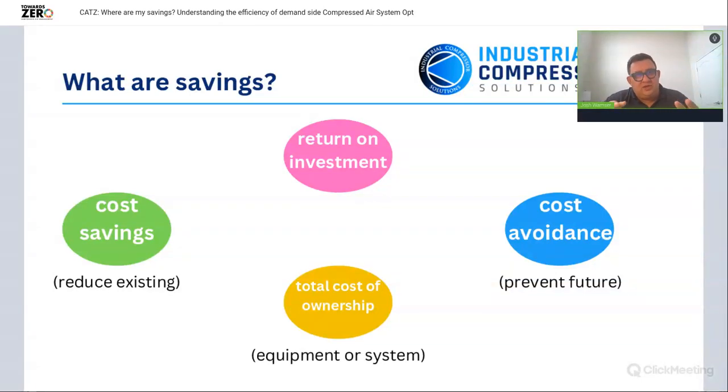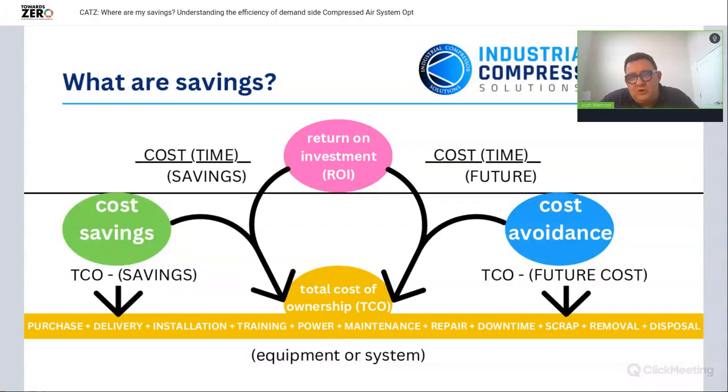Those are very distinctly different. The return on investment is relatively understandable, and the total cost of ownership can be on the equipment level or the system level, but it represents every single cost associated with the life cycle of that equipment or system. So total cost of ownership, return on investment, cost savings, and cost avoidance are going to help us get through this webinar today.